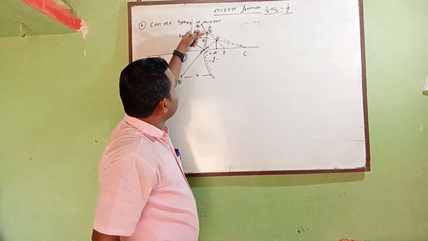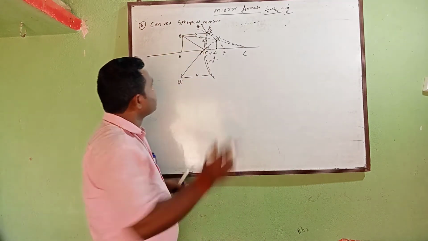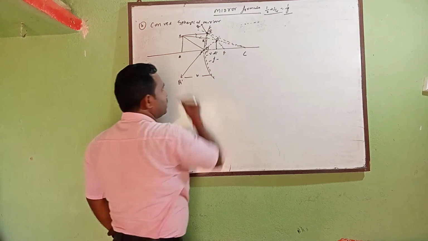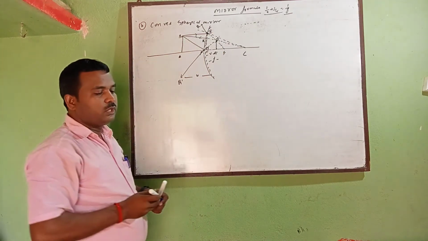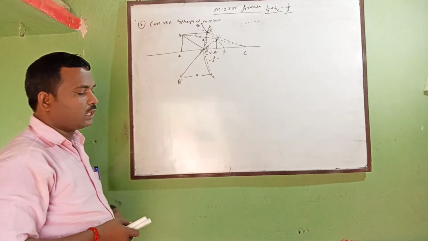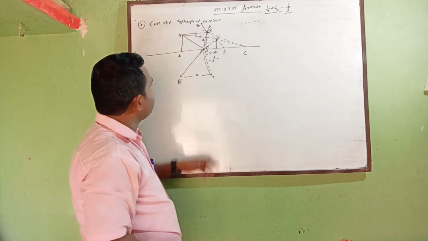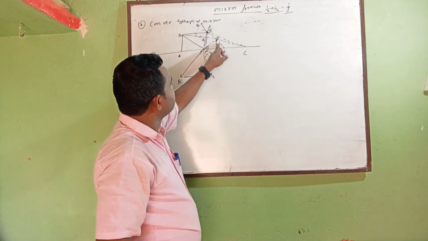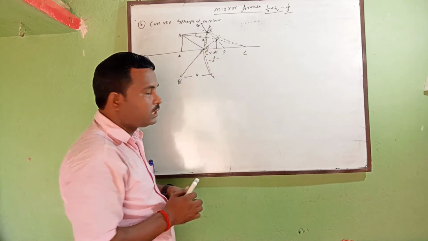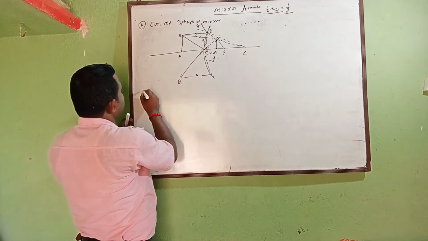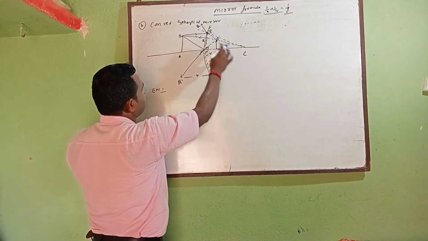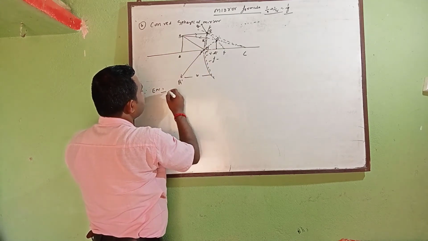So I have drawn here EN, perpendicular. Now, same process, which triangles will you take here? A dash B dash F, and another, E and F. Before that you can write, since EN is perpendicular, which one will you write?